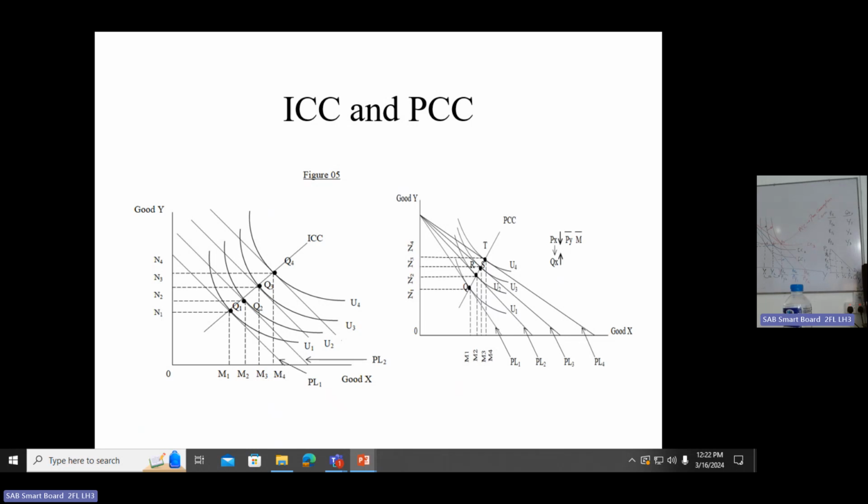Now here it is the same as earlier with the price. We assume the price of product X changes. If there is a decline in the price of product X, the entire budget line rotates from the X axis.